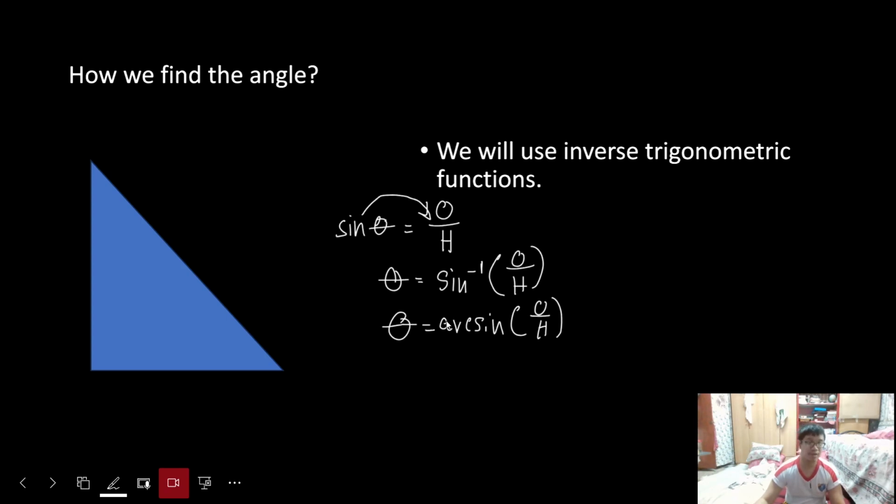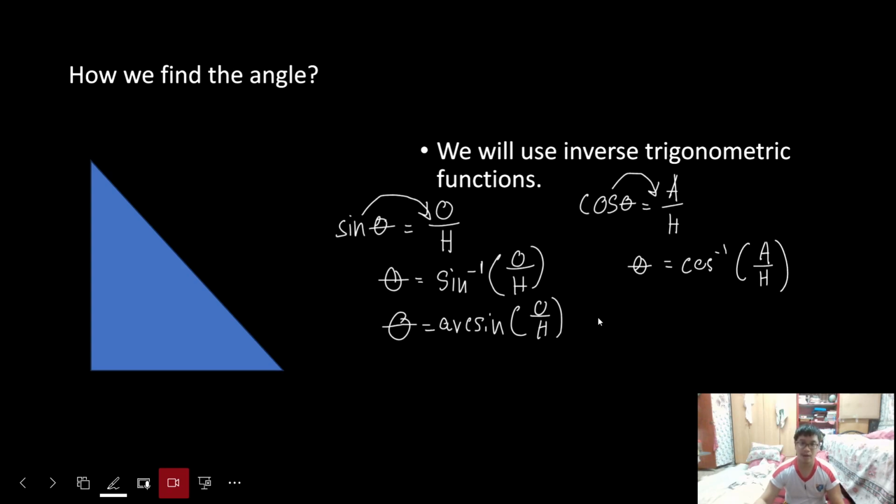But can we use other trigonometric functions such as cosine and tangent? Yes, you can. However, be careful of your ratio, because every trigonometric ratio has its own ratio. Here we have cosine theta is equal to adjacent all over hypotenuse. Put cosine here, and the result would be theta is equal to arc cosine of adjacent all over hypotenuse.